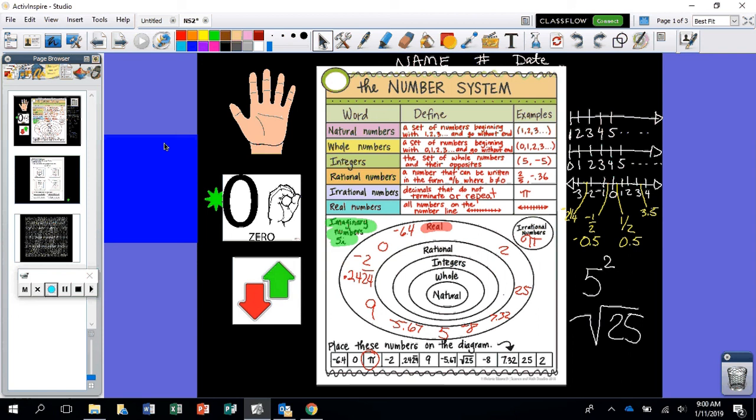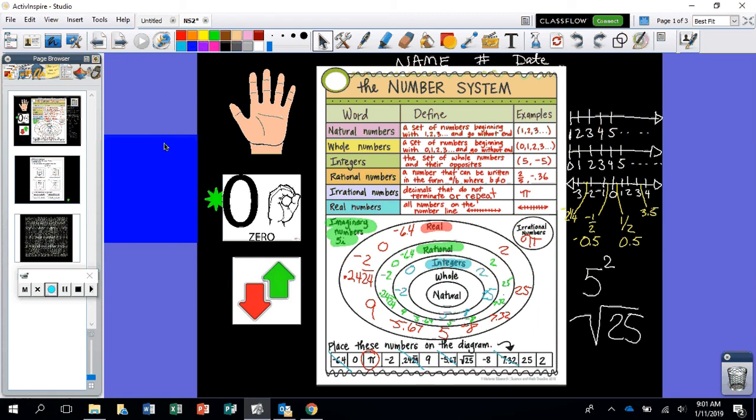Then we talk about rational numbers, and those are numbers that can be fractions and decimals and positives and negatives. So that pretty much includes everybody again except for pi. And then integers, we start slimming that down. Now we don't have those fractions and decimals, so we get rid of those.